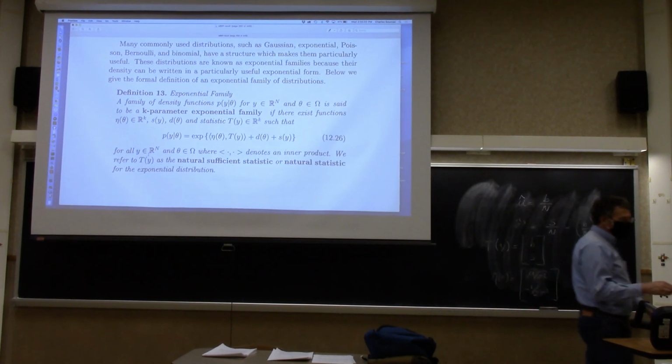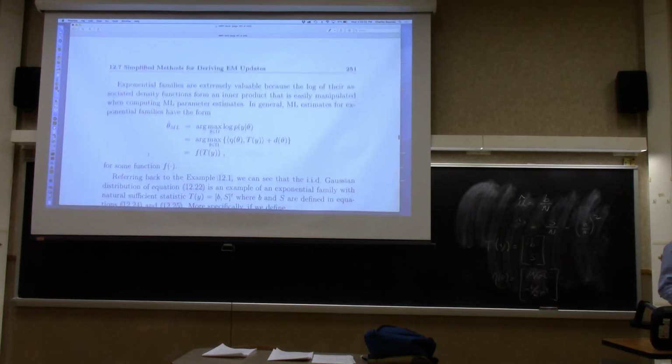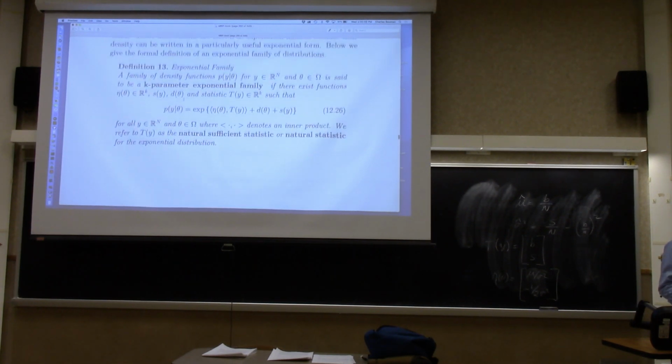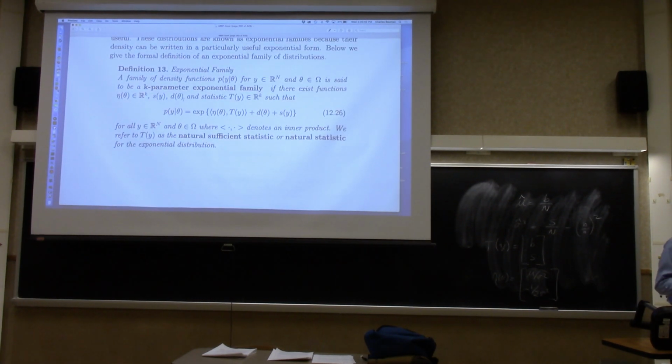Now, what's possibly less obvious is that it would be truly perverse if natural sufficient statistics weren't sufficient statistics. It's true that natural sufficient statistics for exponential families are sufficient statistics.